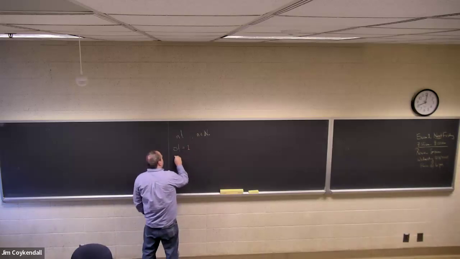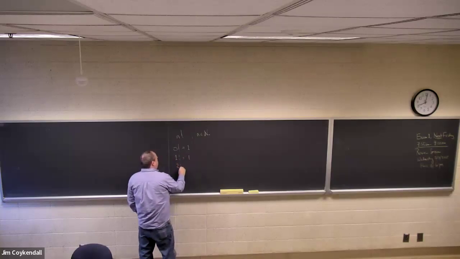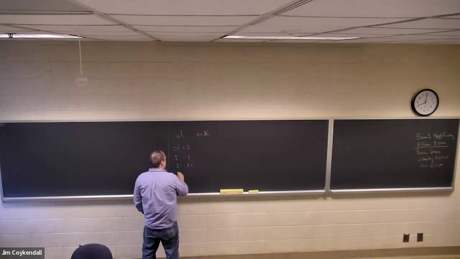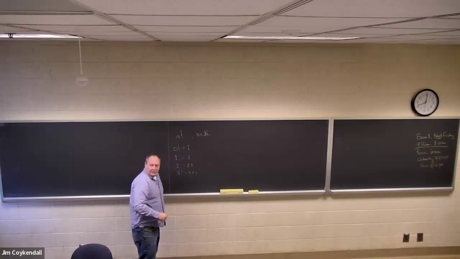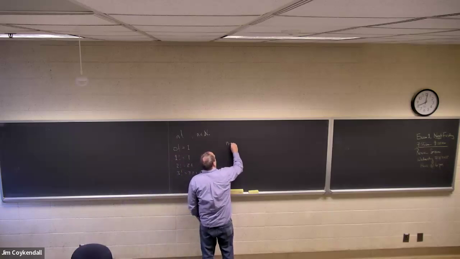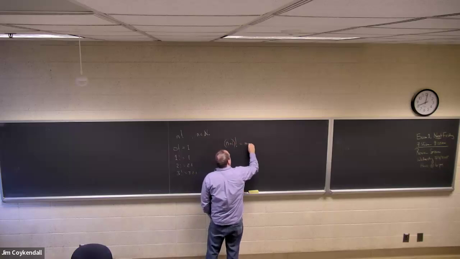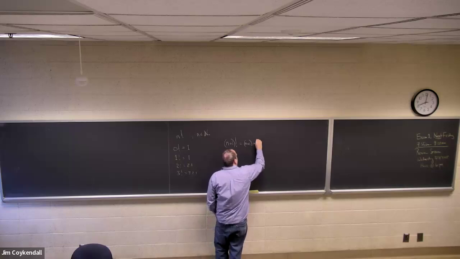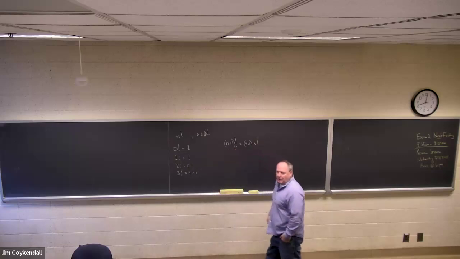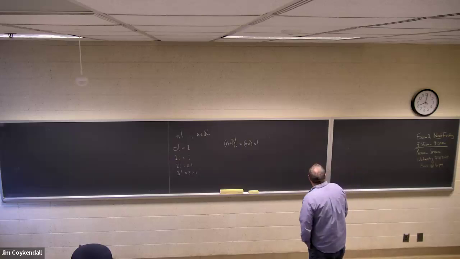By definition, 1 factorial is equal to 1. 2 factorial is 2 times 1. 3 factorial is 3 times 2. Cascade like this. And inductively, the way you get the next factorial is you multiply by the next number. So let's go over some inductive proofs.